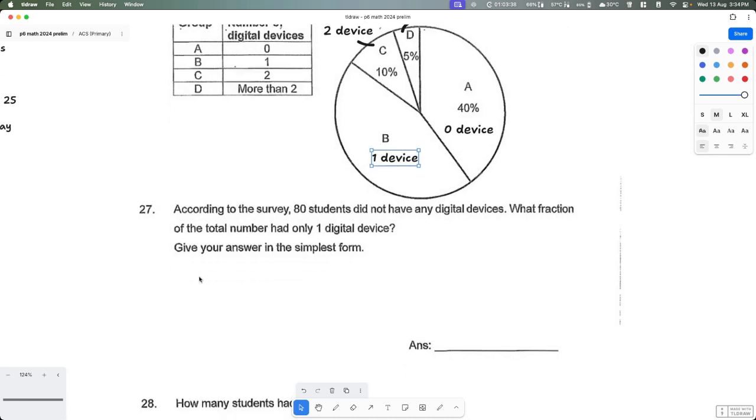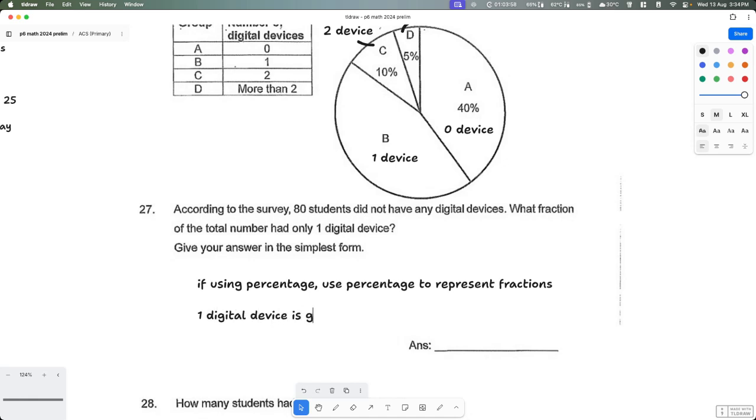If using percentage, we use percentage to represent fractions. One digital device is group B, but we don't know the percentage.